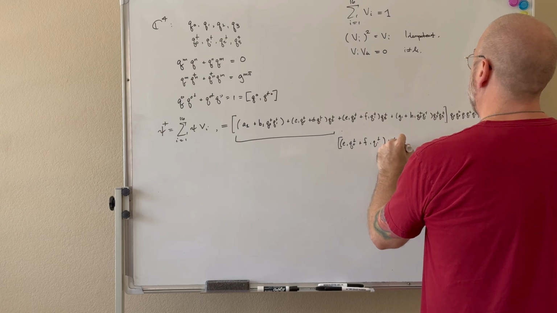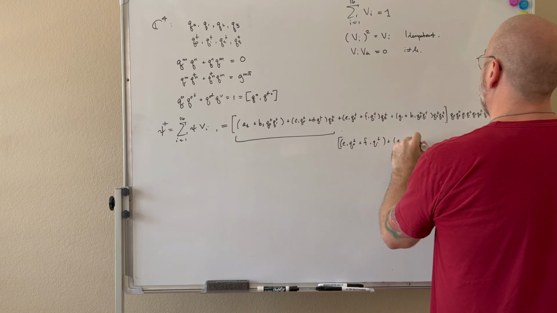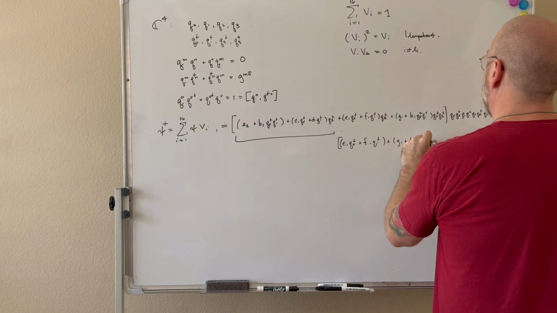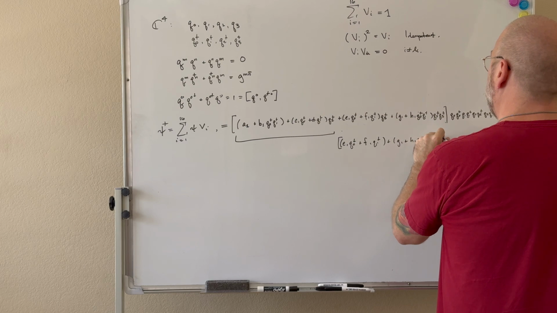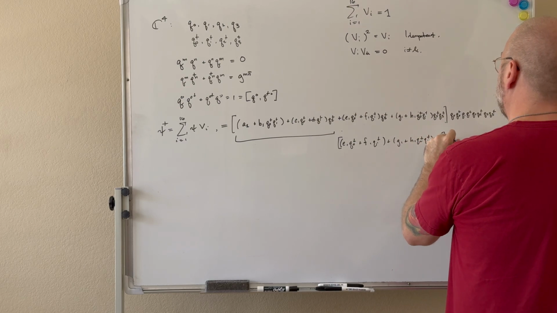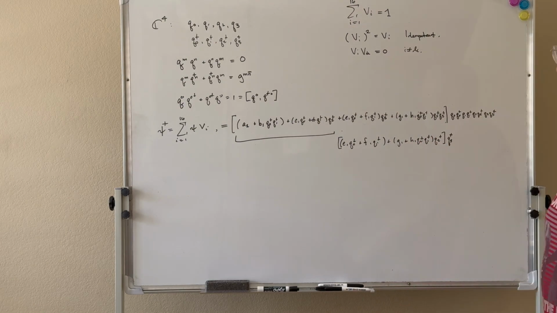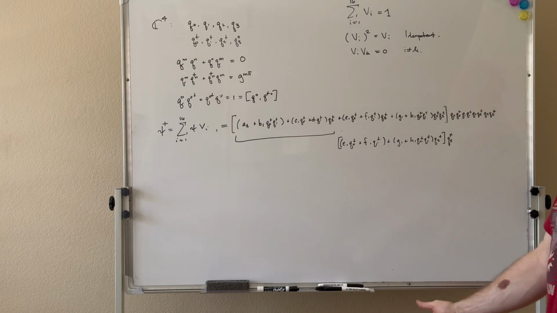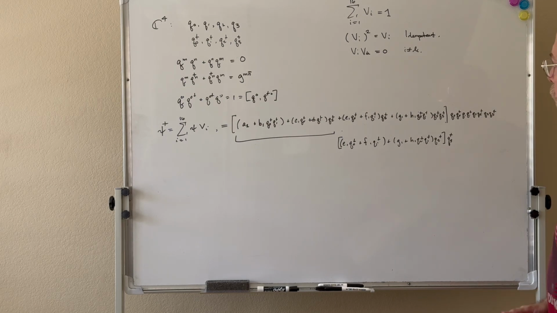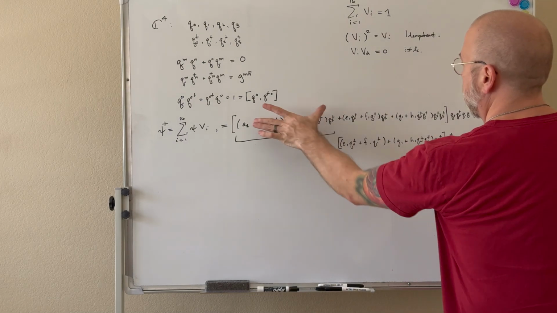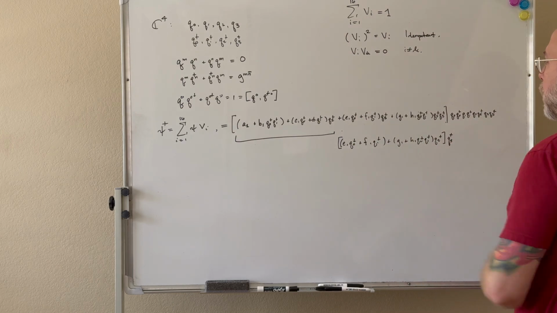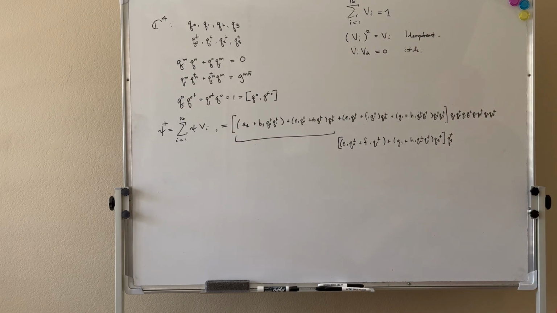Plus G1 Q0 dagger, Q1 dagger, Q2 dagger times Q3 dagger. Nothing new. I'm just moving it around so you can see that we're getting something kind of repeated twice with a Q3 dagger. How interesting.